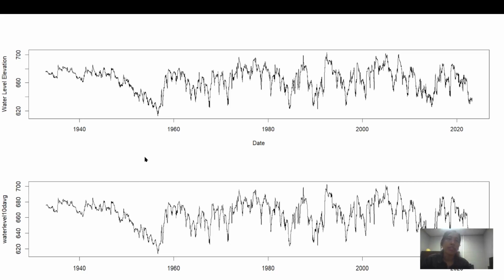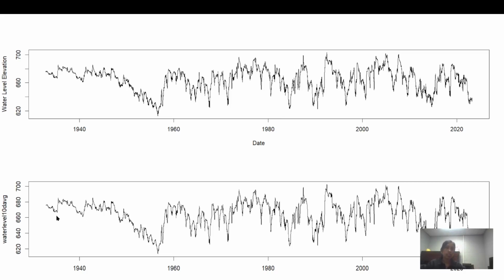The second one is after applying the 10-day average. By doing the 10-day average, we smooth out the short-term data. It may not be quite visible here, but if we look closely, we can see that the short-term noise is removed.